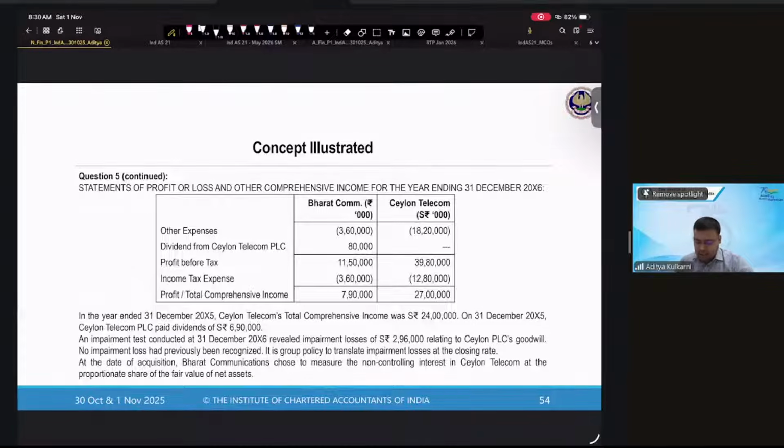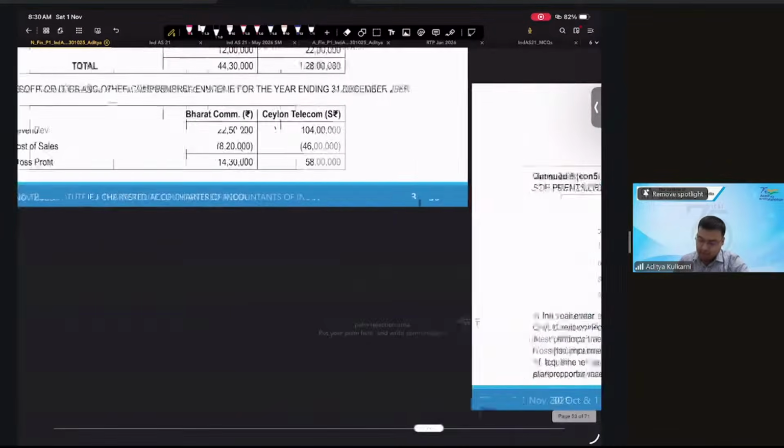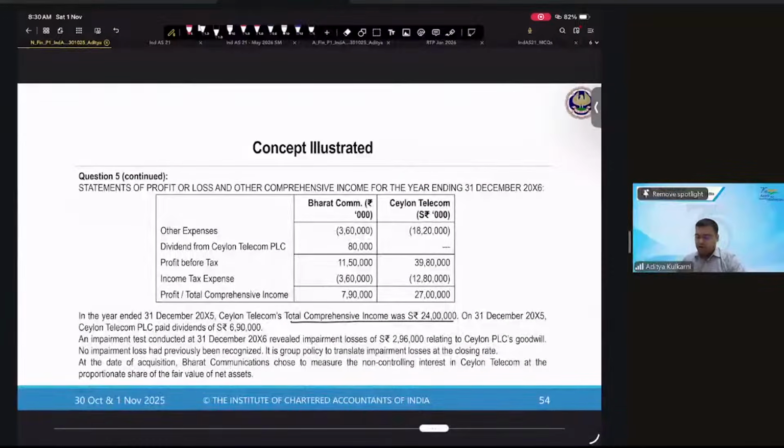In the year ended 31st December 20X5, Ceylon Telecom's total comprehensive income was Sri Lankan rupees 24 lakhs. On 31st December 20X5, Ceylon Telecom paid dividends of 6,90,000.